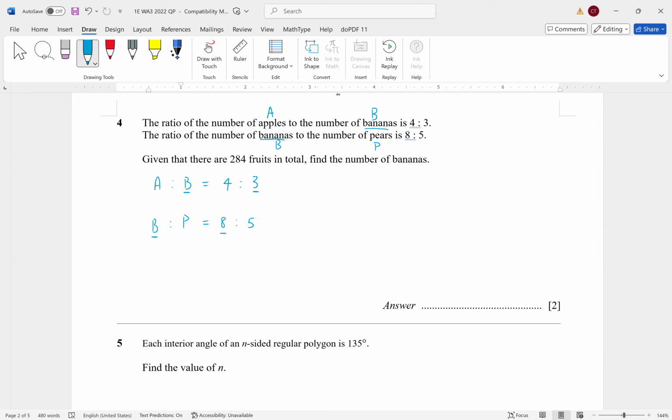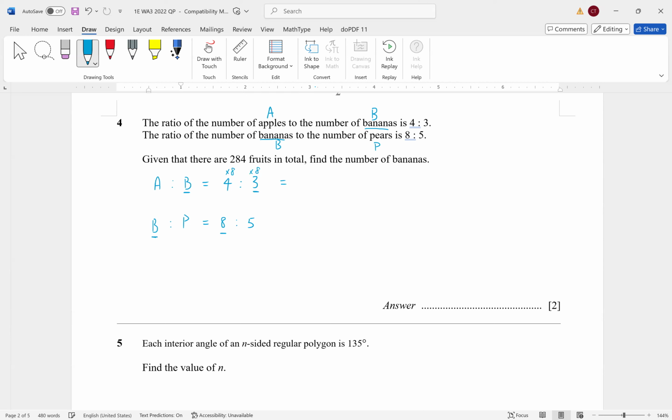So if I want to combine these 2 ratios together, I must make the number of units for bananas the same. In the first ratio it is 3 units, in the second ratio it is 8. So the lowest common multiple of 3 and 8 will be 24. So I want to multiply the first ratio by 8. If I multiply the 3 by 8, I need to multiply the 4 by 8 as well.